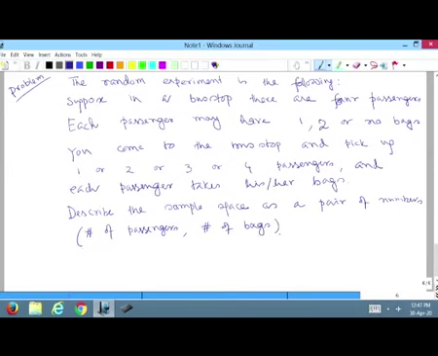So, your sample space are made of points of this nature. There are two components, one is the number of passengers you picked and the number of bags you picked. So, question is, describe the sample space. How to proceed?